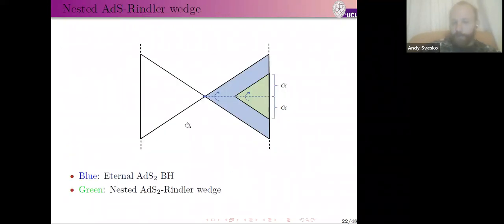For a picture, here's your full eternal AdS black hole, the two sides. And this green shaded region is the nested AdS-Rindler wedge, because it looks like an AdS-Rindler wedge, where this apex is the location of the QES, which coincides with the bifurcation point of this nested AdS region. I'll have more to say about this geometry, including the parameters of alpha, in a moment.